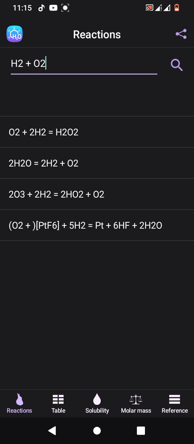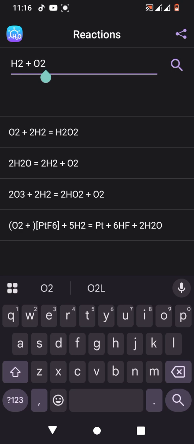So it's 2 molecules of water, which means hydrogen plus oxygen forms water. And I like the fact that this app actually balances the equation by itself. So it's a very great app, and I'd recommend you download it right away.